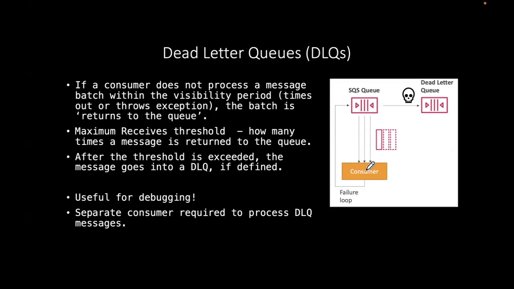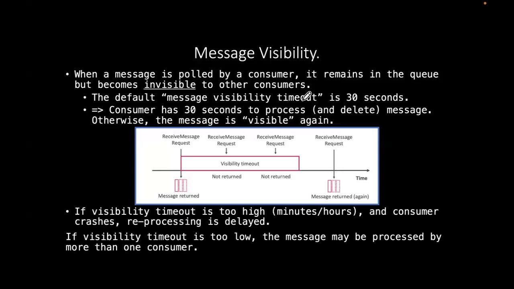Now, to demonstrate this, I should also just remind you about when I say the batch of messages are put back into the queue, it's not so much that, it's more this visibility timer expires. I was talking about this the last day.